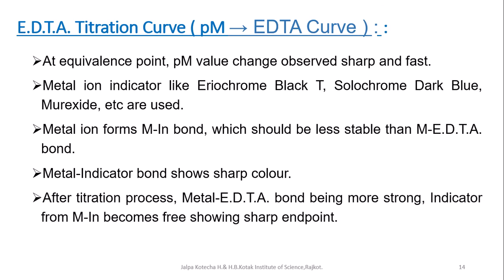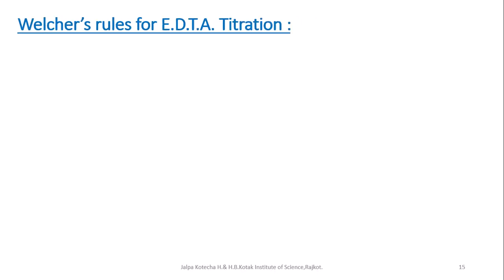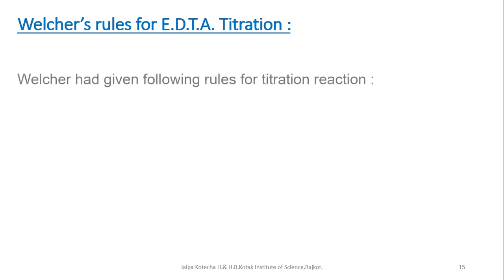So after the titration process is over, the metal EDTA bond being stronger, the indicator from the metal indicator bond becomes free, and hence we get a color change which is highly observable at the end point. These types of titrations are more accurate than neutralization titrations.